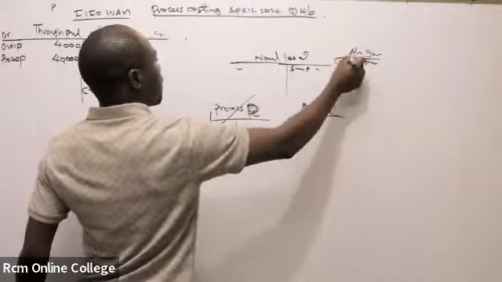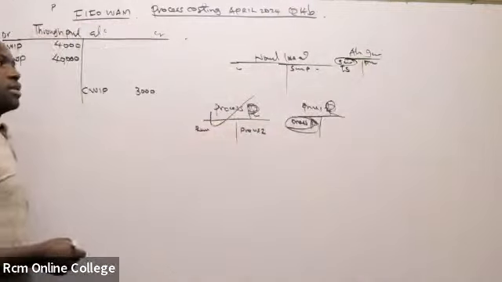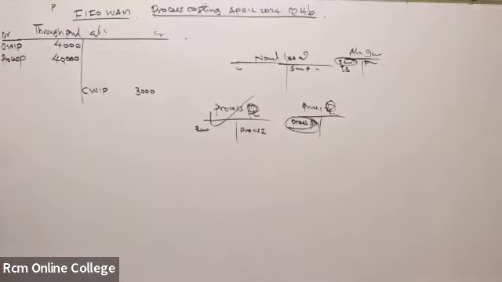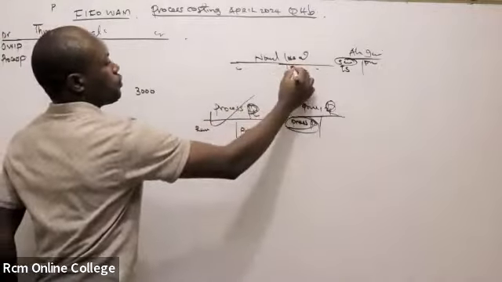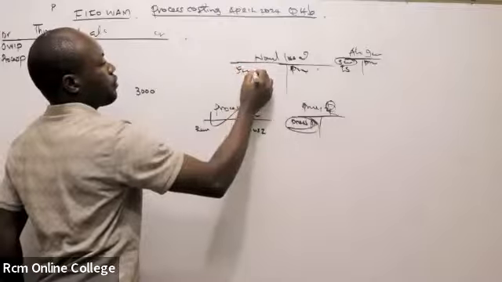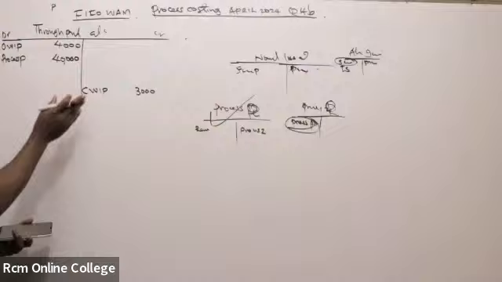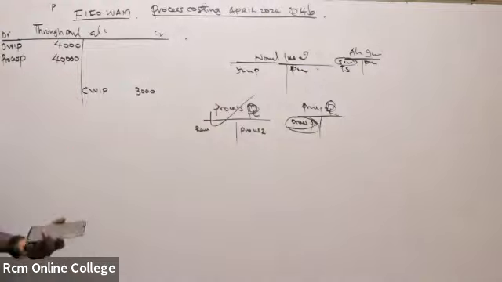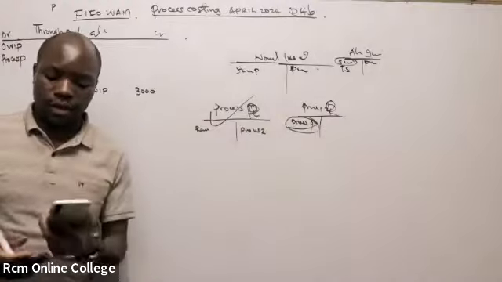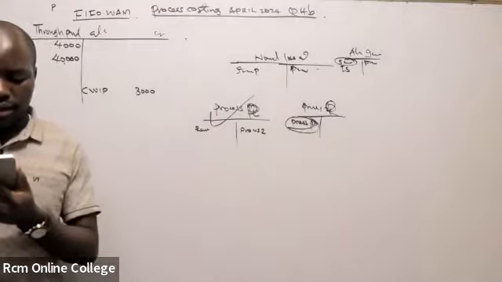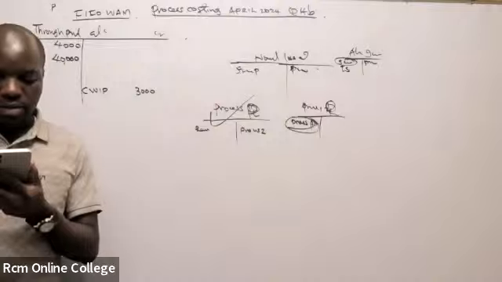Again, scrap account was receiving some units. So a combination of normal loss and abnormal gain or abnormal loss will help us to get the total of the scrapped units.